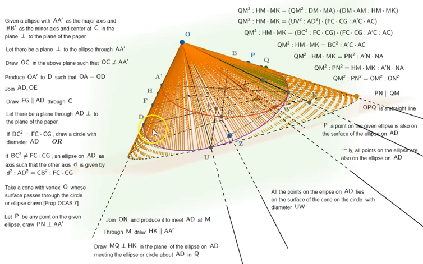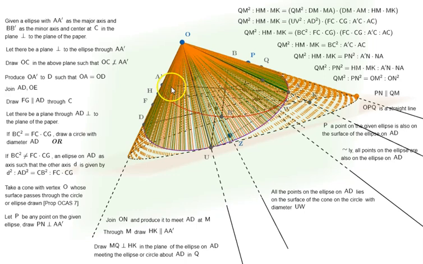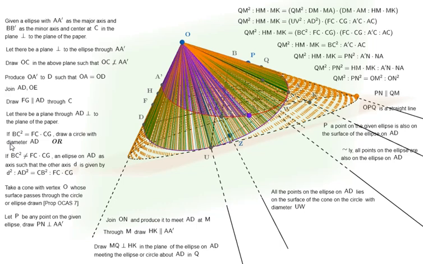We can say elliptical cone, and you will notice that all the points, that point which is moving is visible. That means it is on the surface of the cone. And let's finally take, so again you will notice that the point which is moving is always visible. That means it is on the surface of the cone.